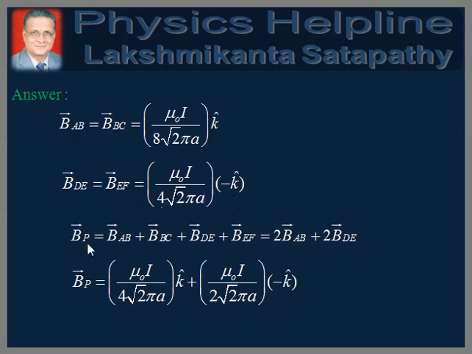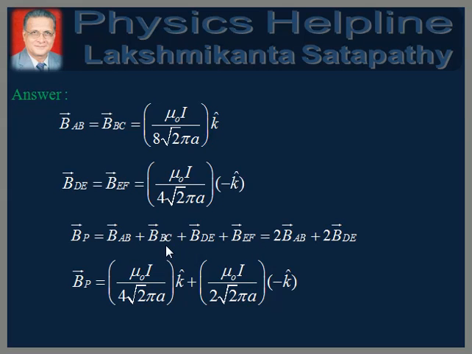Since these two are equal, we are required to find the net magnetic field at P due to the entire wire loop. Out of the 6 wires, the contribution of 2 wires are both 0. Therefore, the total magnetic field will be a sum of the 4 magnetic fields that we have already discussed. So B_P, the magnetic field at P, is equal to B_AB plus B_BC plus B_DE plus B_EF.